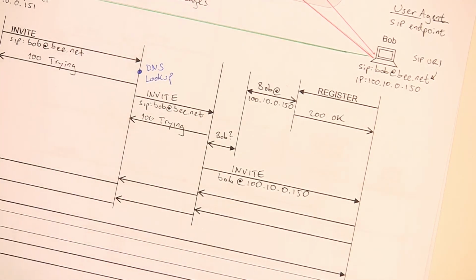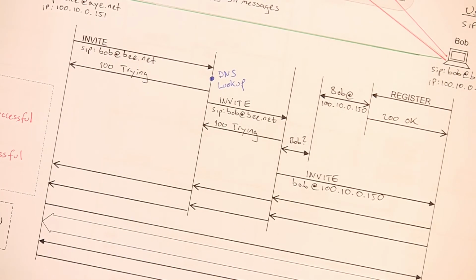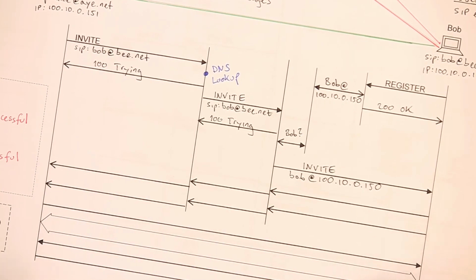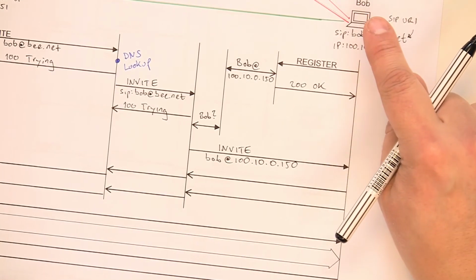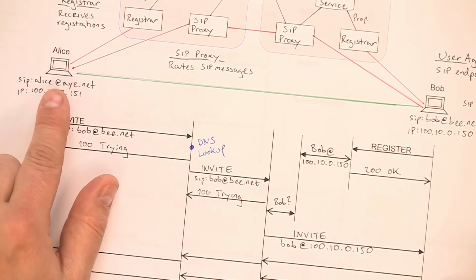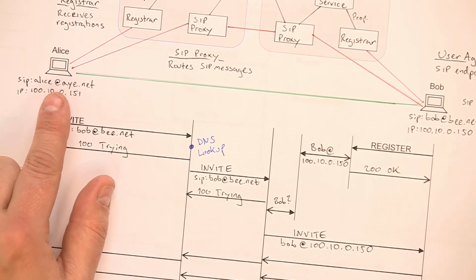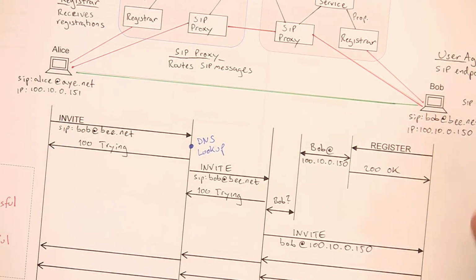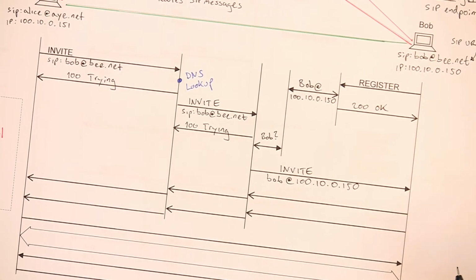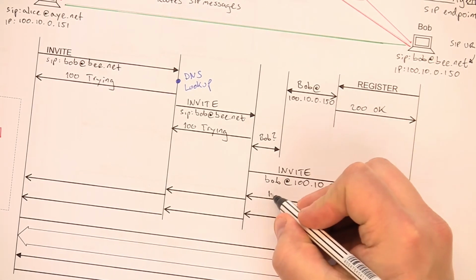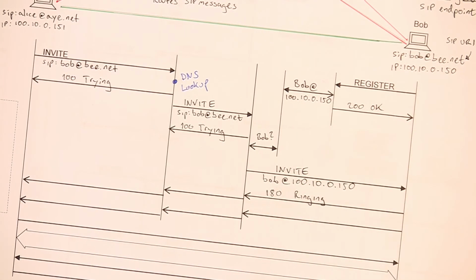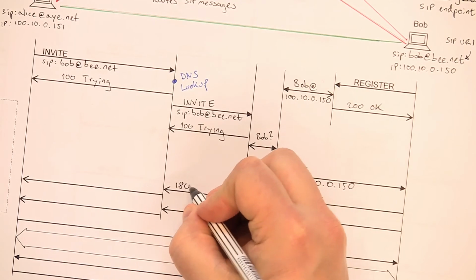All right. Now we're waiting for Bob to pick up. We need to tell Bob that the phone is ringing, though. Of course, that's this phone over here going ring ring. In order to make Alice's phone go doot doot, what's called the ringback tone, notifying Alice that Bob's phone is in fact ringing, is done with a provisional response called 180 ringing, which will be sent back all the way like this.